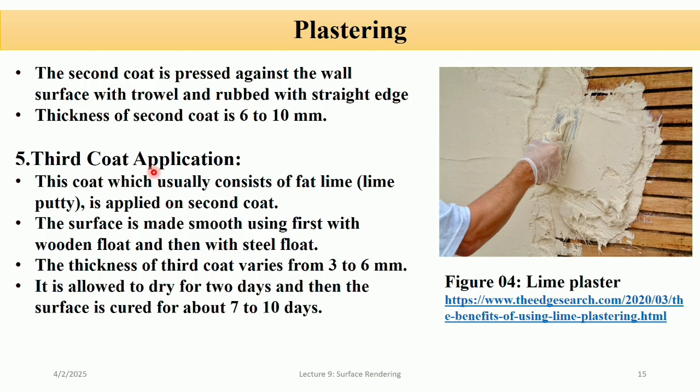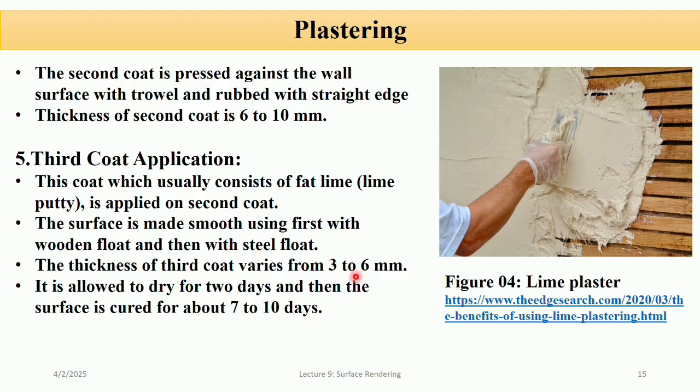Third coat application. This coat usually consists of baked lime, which is called lime putty, and it is applied on the second coat and made perfectly plain, and then rubbed first with a wooden float and then with a steel float to polish the surface.